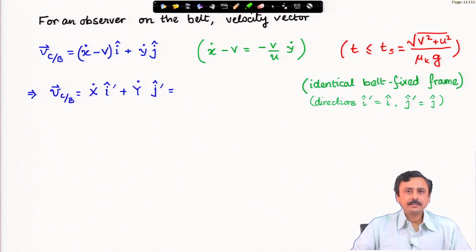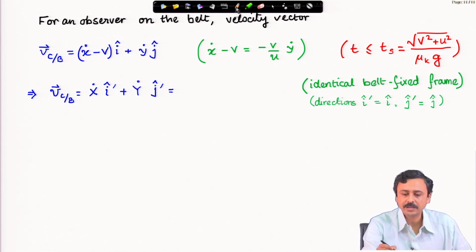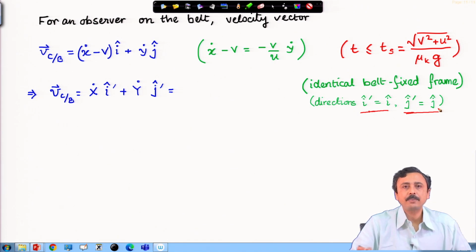Now, I imagine another coordinate system which is moving with the belt, but co-oriented with that x, y, z on the platform. That means, these i cap and j cap directions are the same as i cap prime, which I have shown here. i cap prime is on the belt, j cap prime is on the belt, and they are in the same directions as i cap and j cap. Remember, unit vectors always indicate directions.